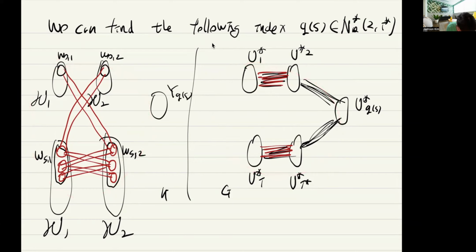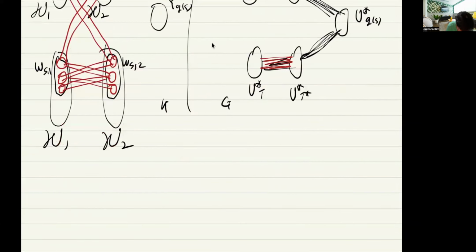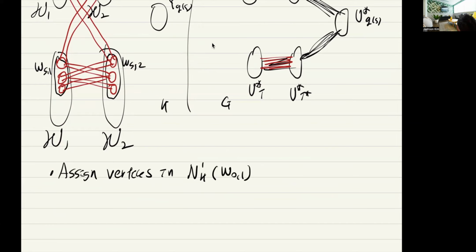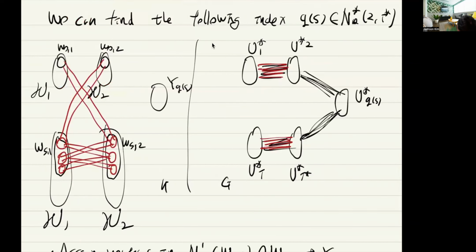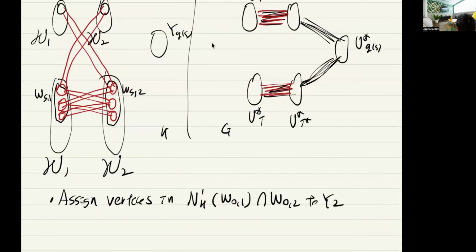So we first assign all vertices in H, the neighborhood of W01 in W02, to Y2. So WS22, sorry.